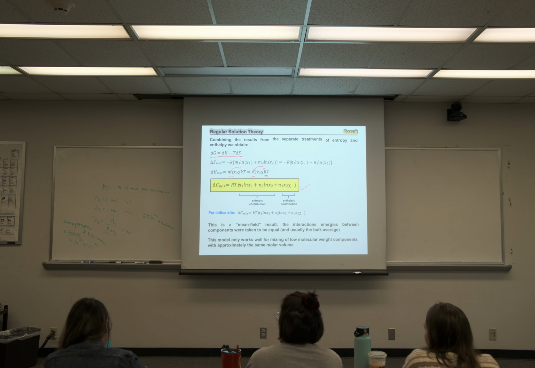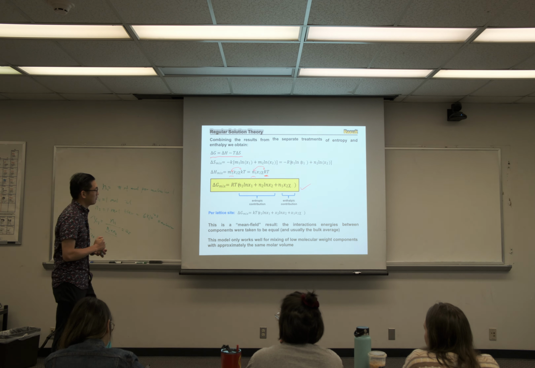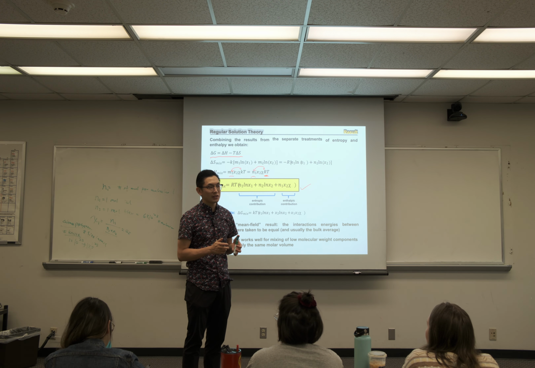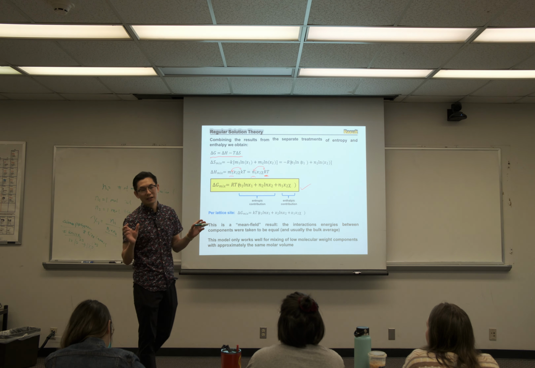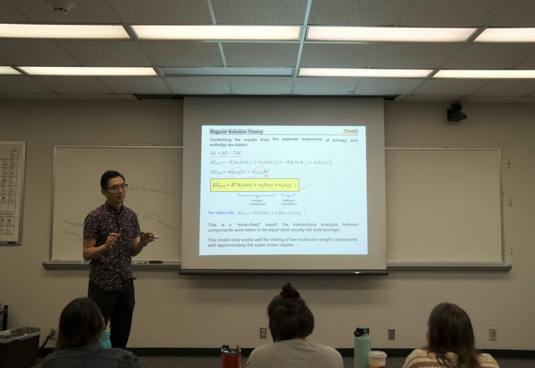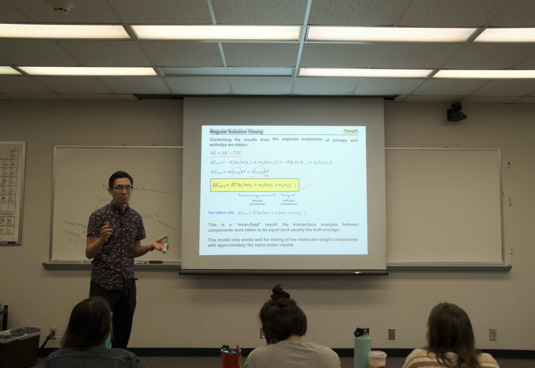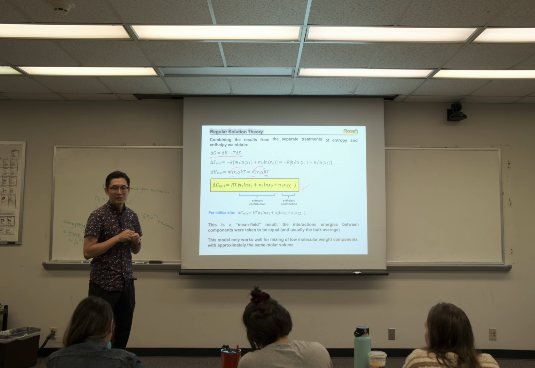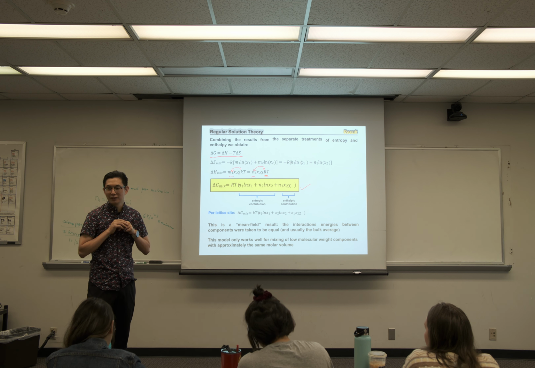But we will talk about today when we mix 1 mole of polystyrene and 1 mole of toluene. Then it's not the same because one polystyrene chain will occupy multiple lattice sites. So that's the goal of today. We're going to talk about that and go to the Flory-Huggins theory.